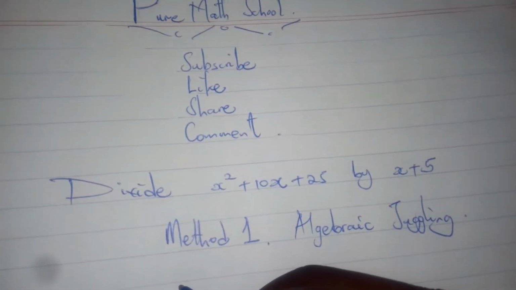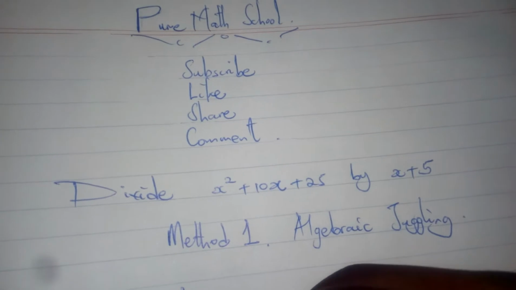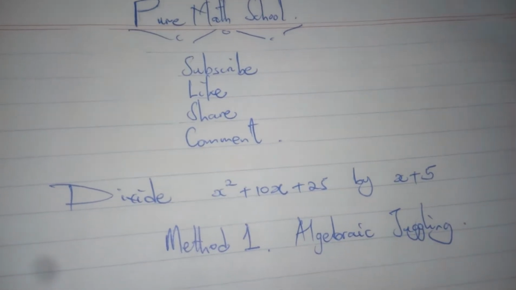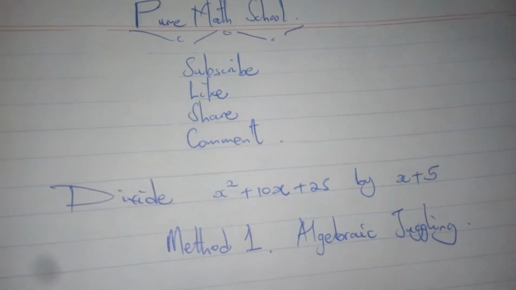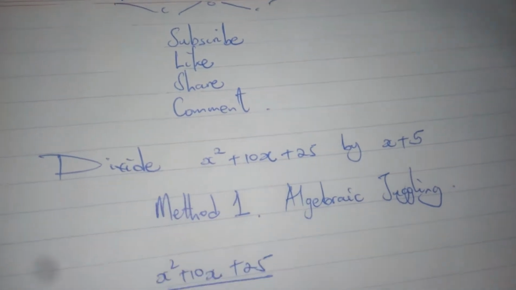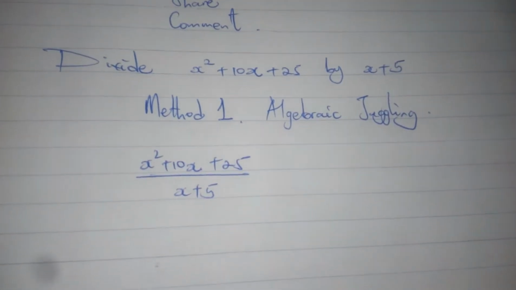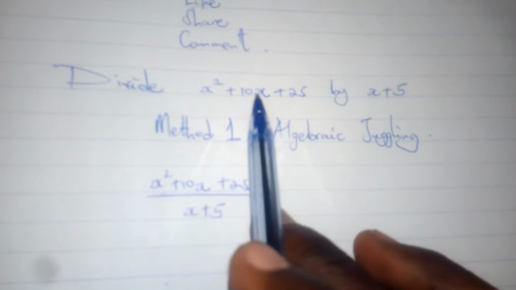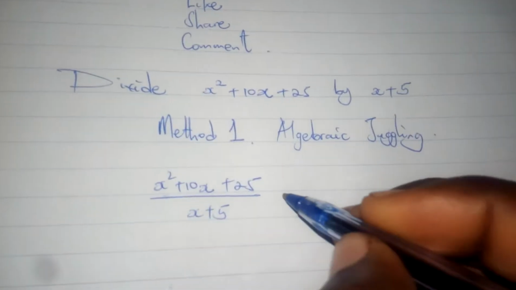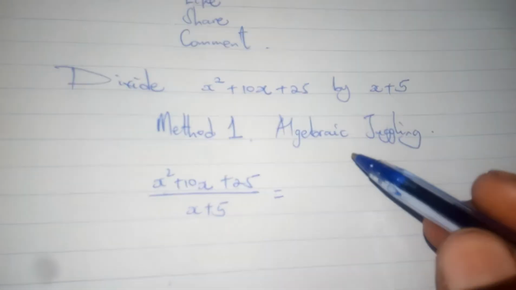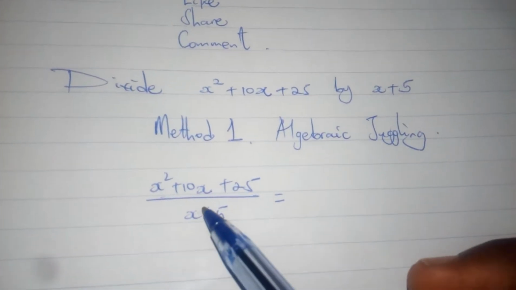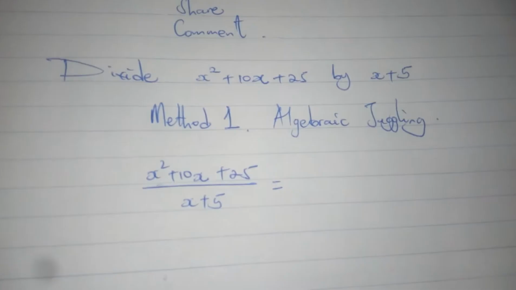So we have x squared plus 10x plus 25 divided by x plus 5. That is the question, because we are saying divide x squared plus 10x plus 25 by x plus 5. By algebraic juggling, we are just going to play around with algebra and try to get that.